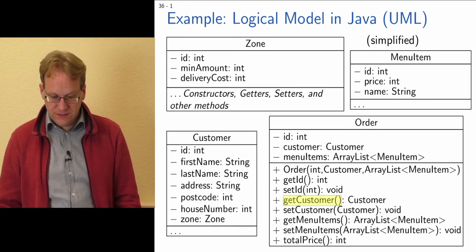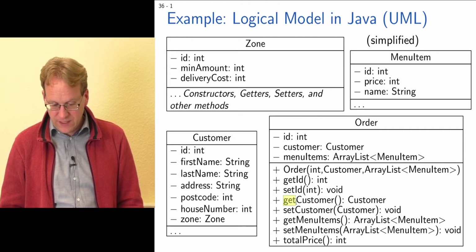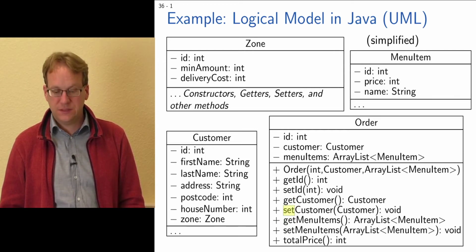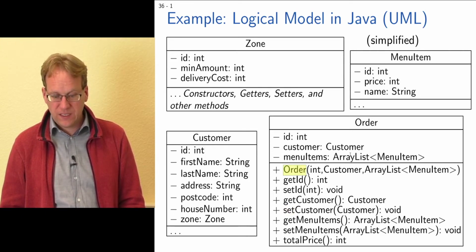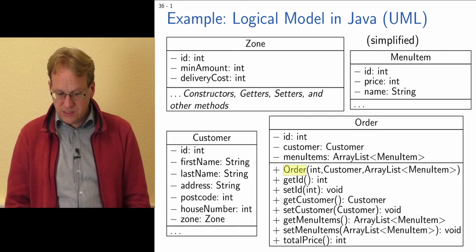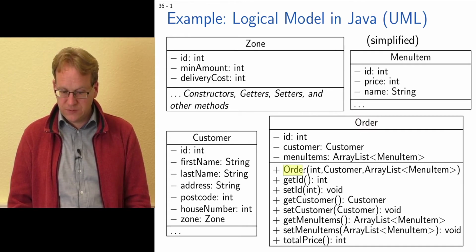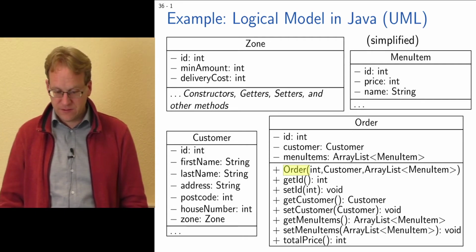And just for reading these attributes, it is quite common to have these getter methods. And for writing these attributes, it's quite common to have these setter methods. And then for creating new instances of our class, it's quite common to have constructors which have the same name as the class. So to create some object of type order, we would need to call this constructor method.